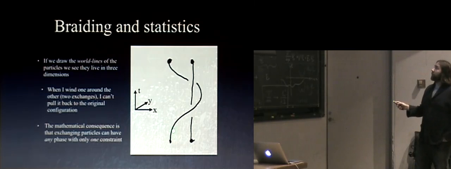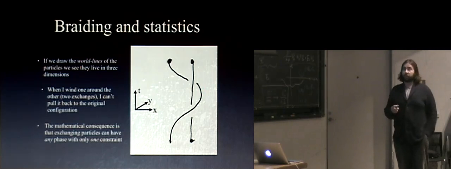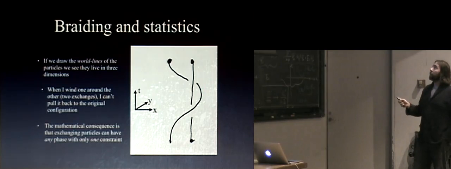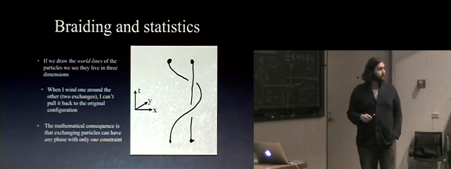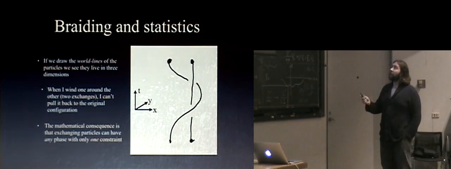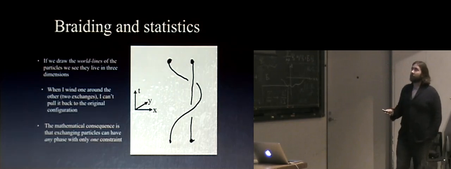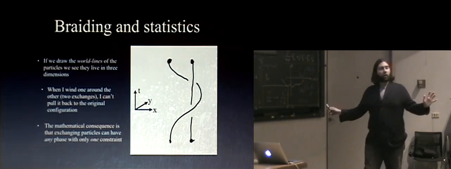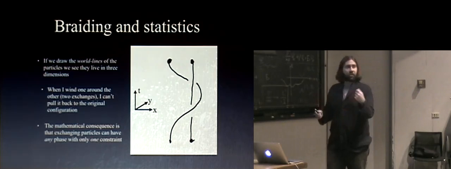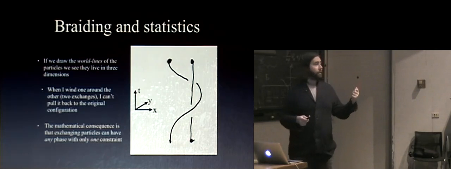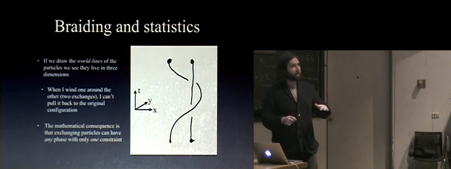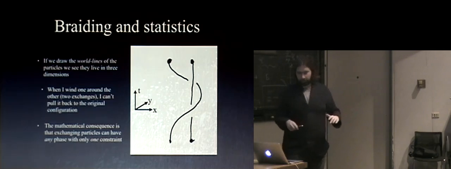And it's clear that if I take this one particle and wind it around the other, I do that 360-degree rotation as a function of time, there's no way that I can deform this curve to pull it back to be a straight line, right? So, because I'm in 2 dimensions and not 3, I can no longer make the argument that exchanging twice has to give me +1, right? It's a special property of these things being confined to 2 dimensions.